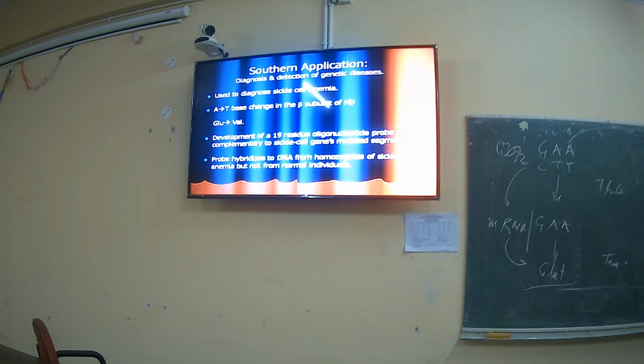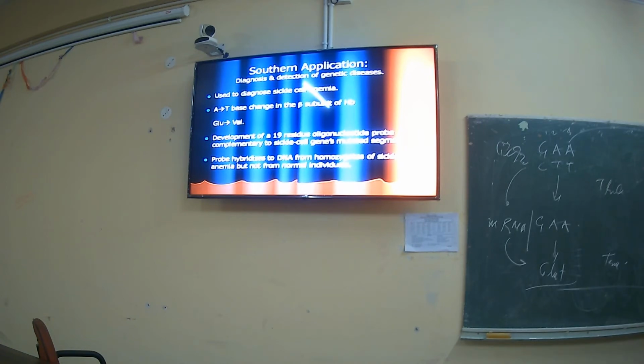The first mRNA sequence is GAA, and after mutation it is GAU. GAA codes for glutamine, now GAU codes for valine. This happens, and then sickle cell anemia occurs. So this is the cause of the missense mutation.